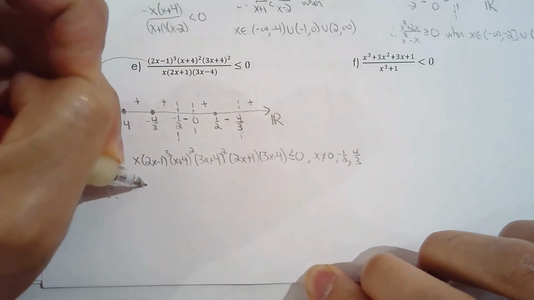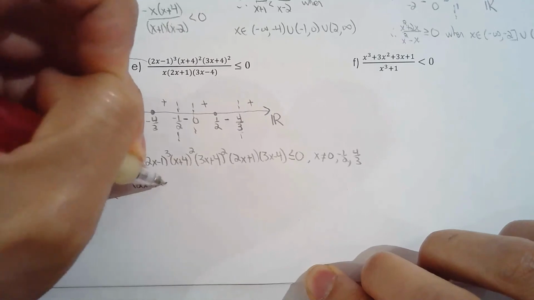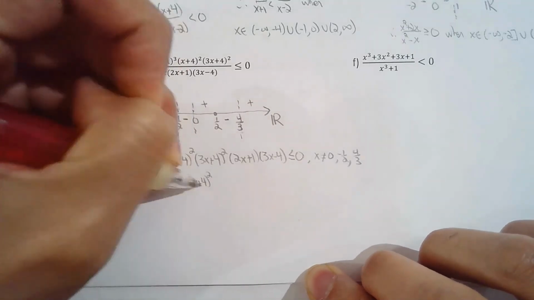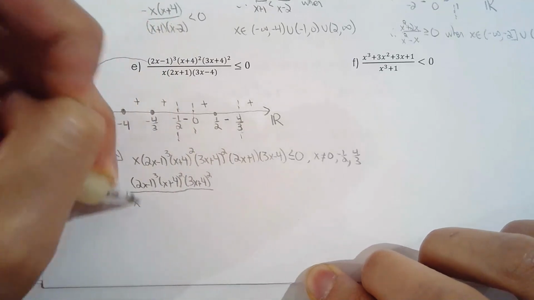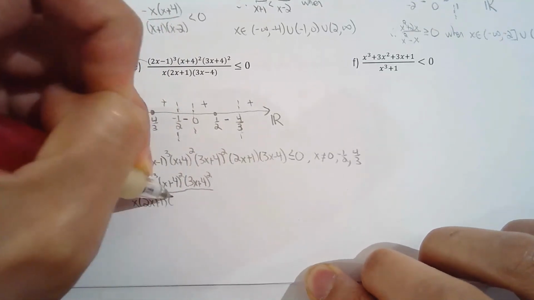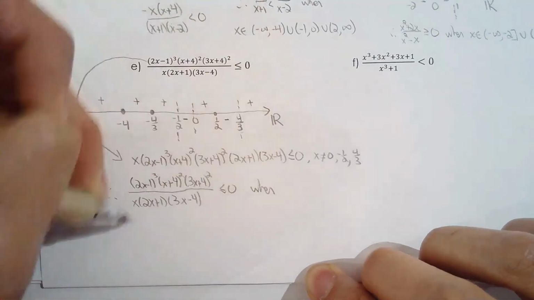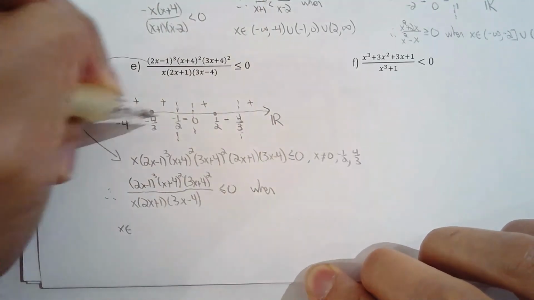So, therefore, (2x minus 1) cubed, (x plus 4) all squared, (3x plus 4) all squared, x, (2x plus 1), (3x minus 4), less than or equal to 0. When, okay, let's stare at the number line. When is it less than or equal to 0?